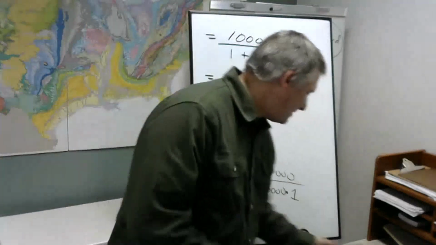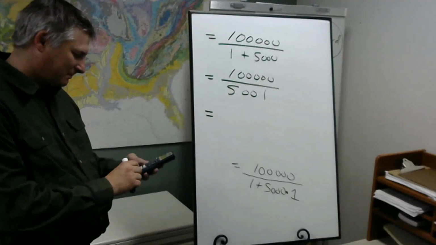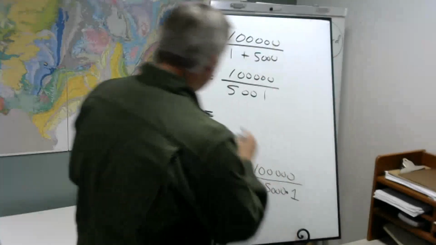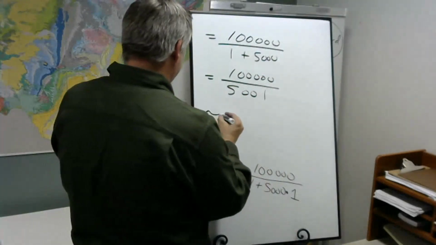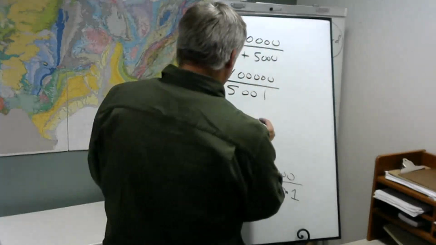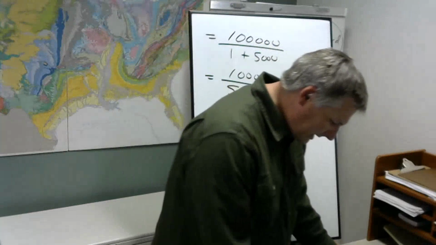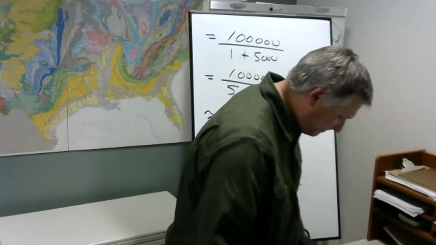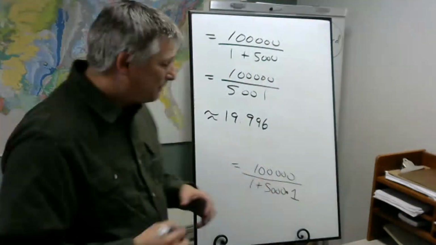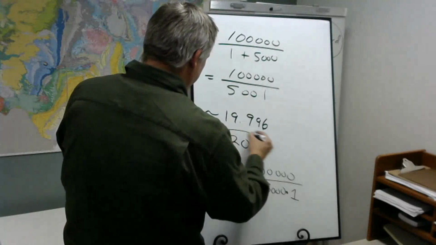So divide that, and what you're going to get is about 19.996. And looking at the text here, they're going to actually round that up. They're going to call it 20 people.